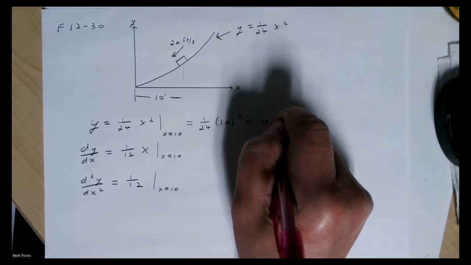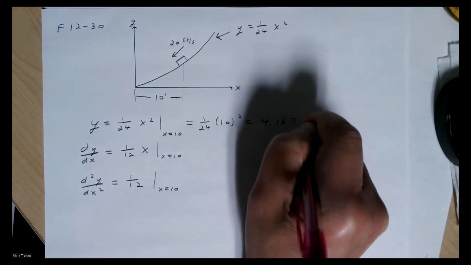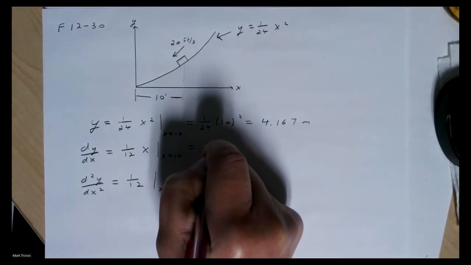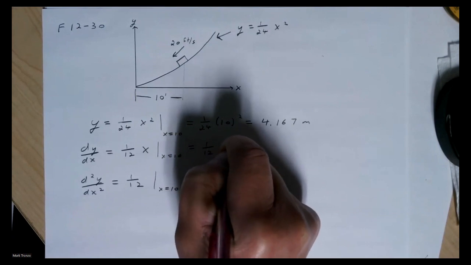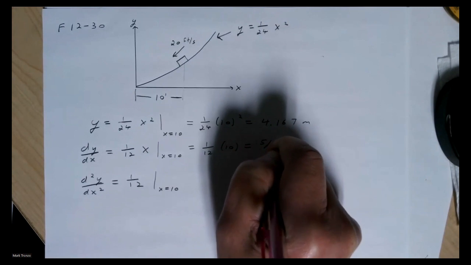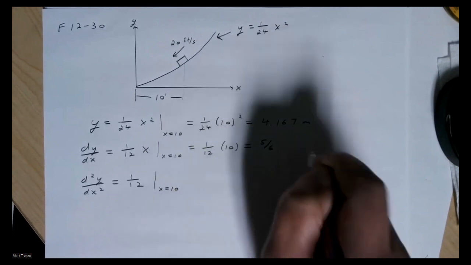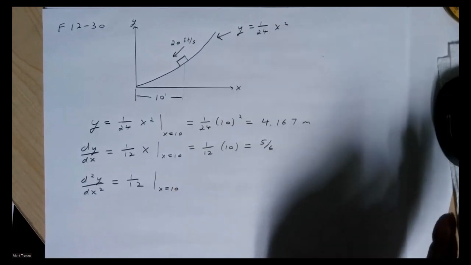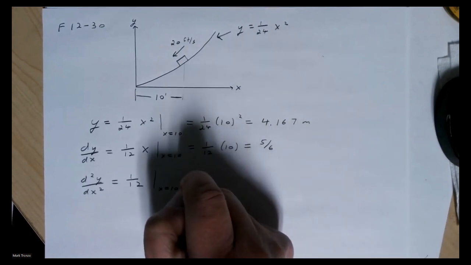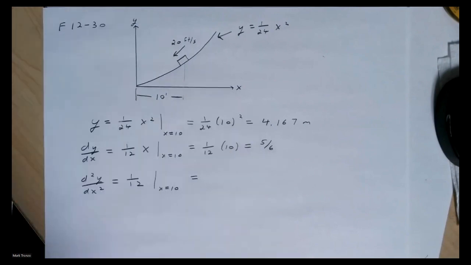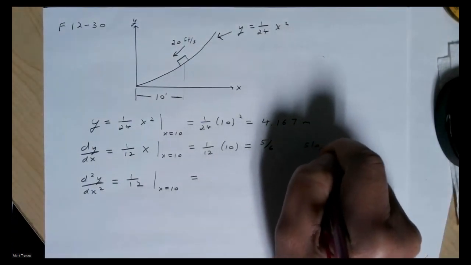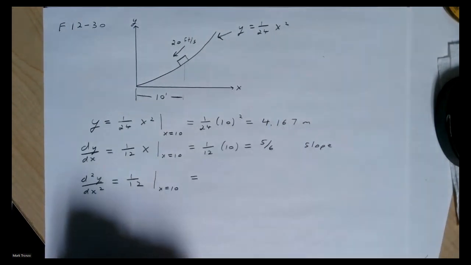And this is 4.167 times 10, which is 5.6. And I don't know, we can keep it that way because we're going to use that in a minute. Again, usually we don't have to note this, but remember, the first derivative is always the slope of the curve.